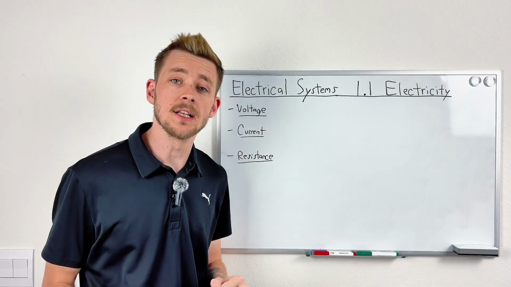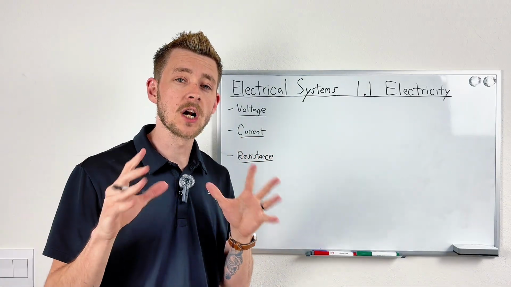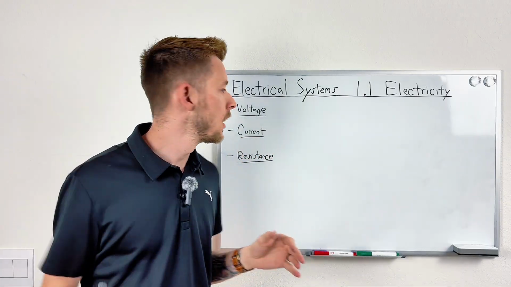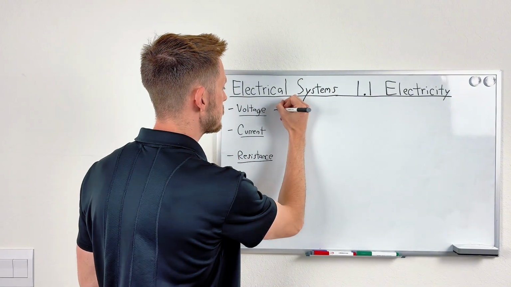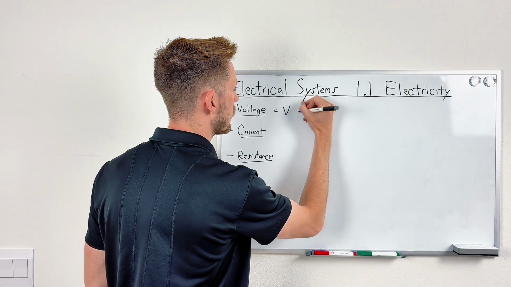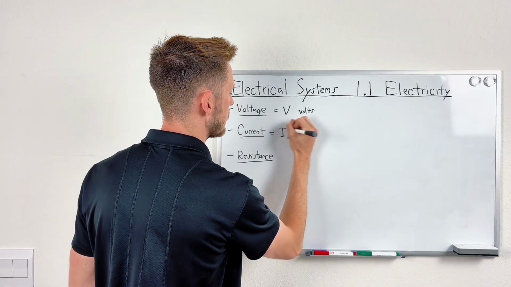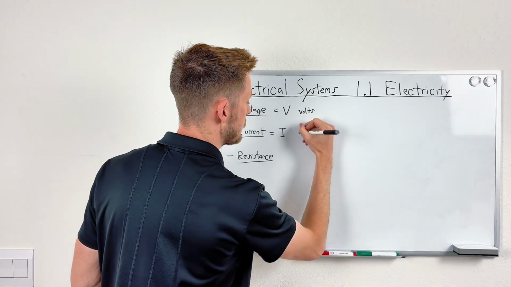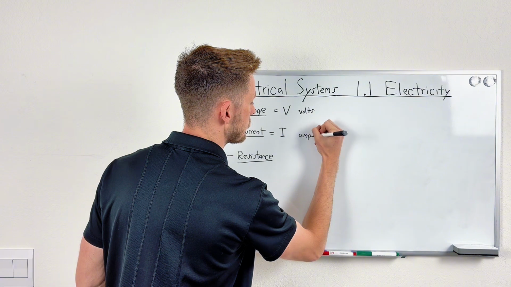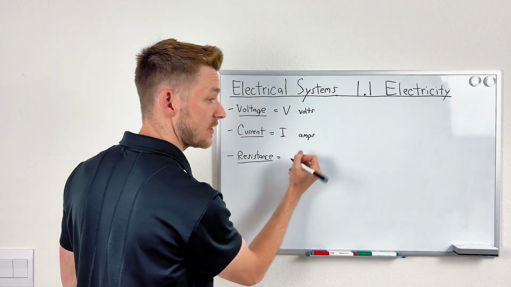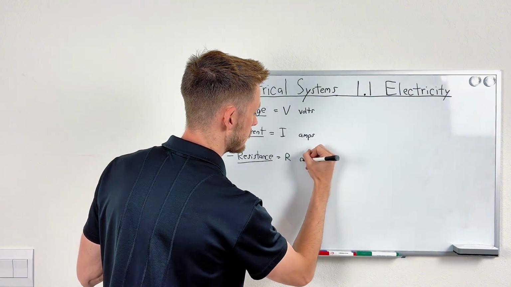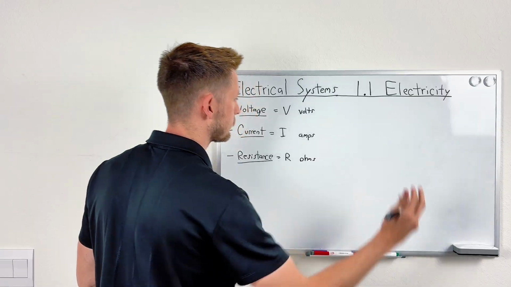This is what makes up electricity. For the analogy, we're going to be going over a water pipe. When it comes to voltage, voltage is measured in V or volts. When it comes to current, the sign is I, and it's going to be measured in amps. When it comes to resistance, this is an R, and this is measured in ohms.